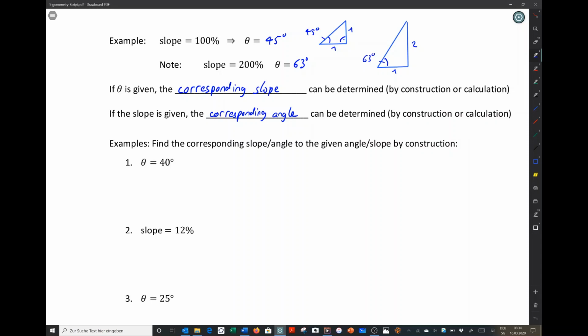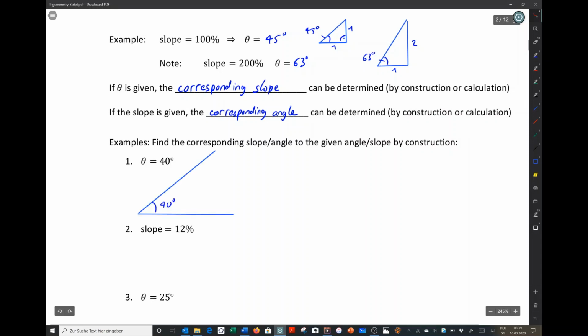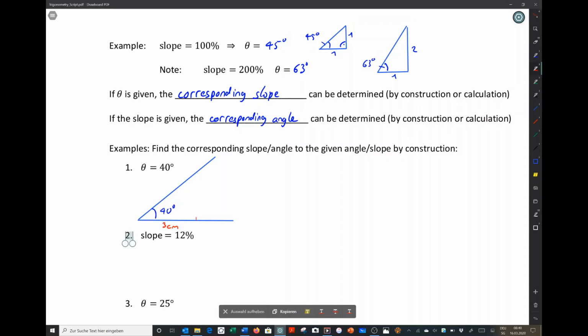Let us now look at some examples. To find the slope corresponding to theta equals 40 degrees, we sketch now here the 40 degrees angle, and then let's read off the slope by, for example, measuring 3 centimeters to the right, and from there vertically up.